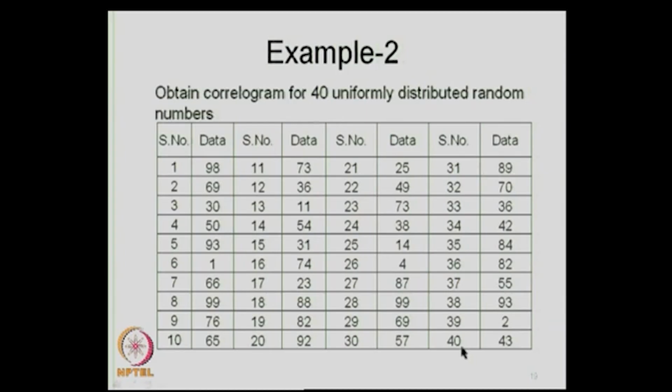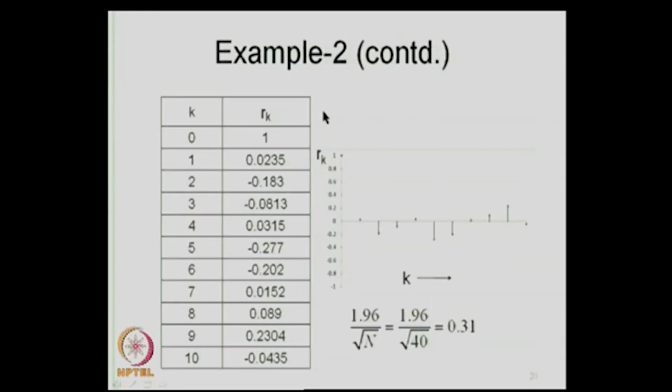When we do that, you get values like this: k is equal to 0 is 1, k is equal to 1 is 0.0235, k is equal to 2 is minus 0.183 etcetera. And when you plot this, the plot will be something like this.